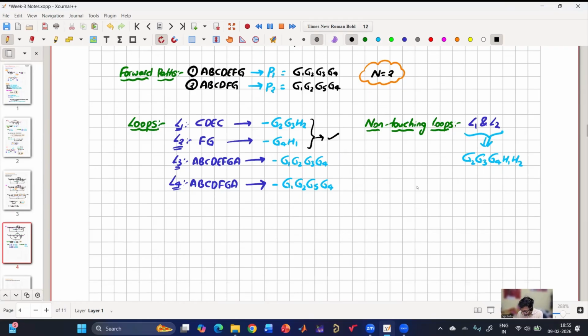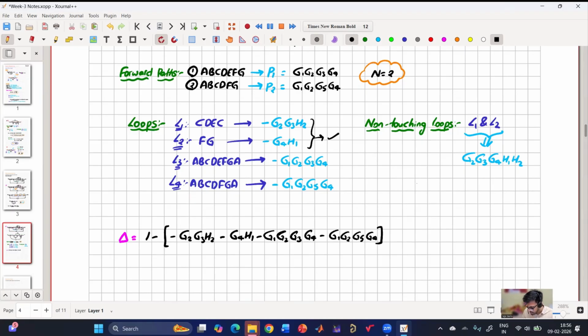Before we calculate delta 1 and delta 2, let us calculate delta. Can anyone tell me what is delta? The expression: 1 minus the sum of the loop gains, right? So minus the loop gains: minus G3, H2, minus G4, H1, minus G1, G2, G3, G4, minus G1, G2, G5, G4.